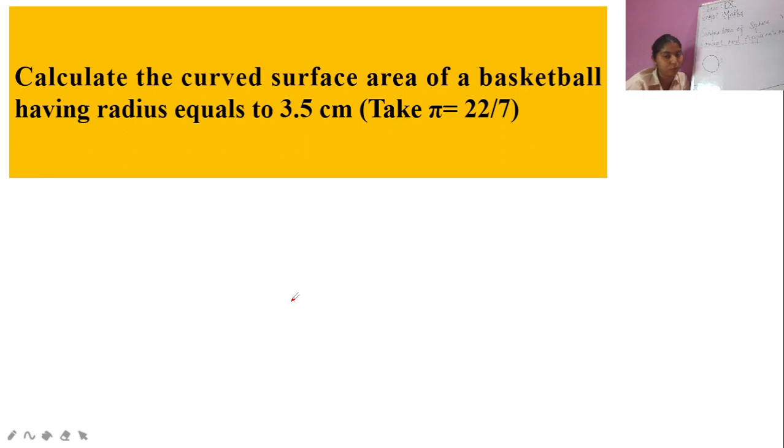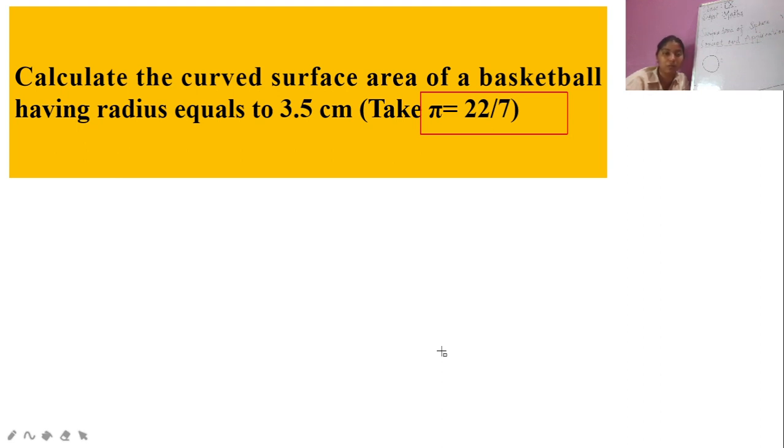You don't have to take the pi value as 3.14, you have to take it as 22/7. Whenever a question is given and some values are also given, you have to apply that value only.